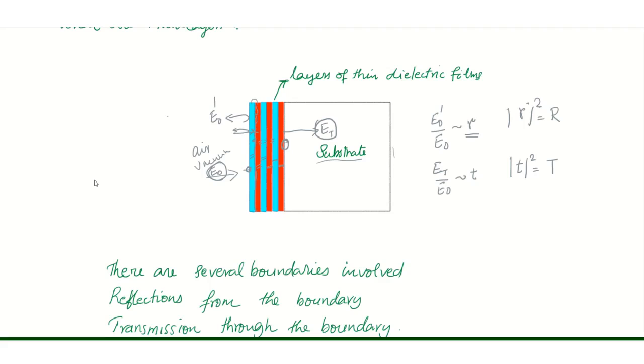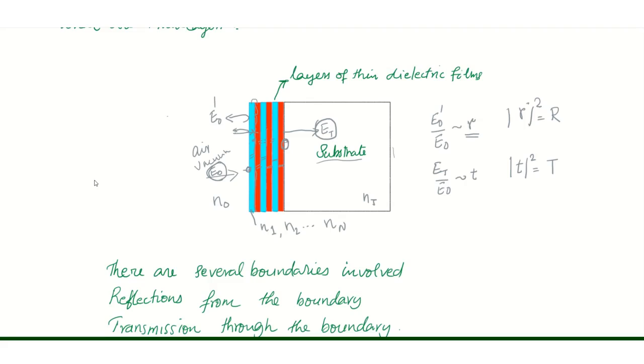There will be a refractive index N0 for this one, Nt for this one, and let's say if there's one coating N1, N2, etc. If there are n coatings, then these will be the refractive indices. These are the things that we know, and we want to see what happens if an electromagnetic wave encounters a multilayer.